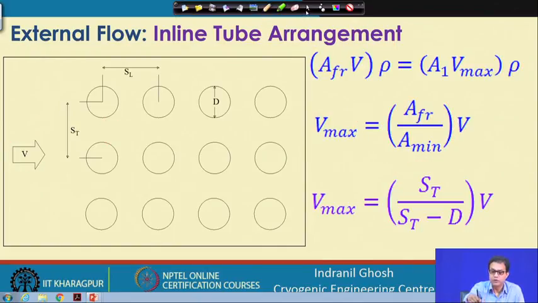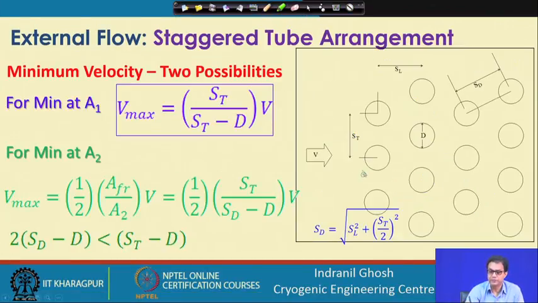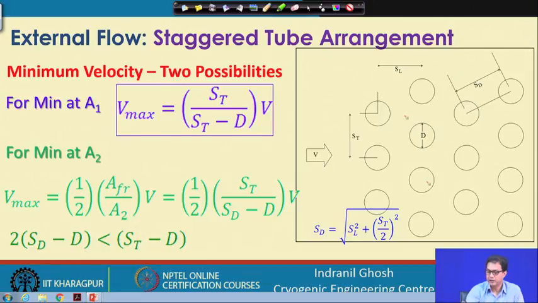Now, if we look into the other possible arrangement, that is the staggered condition, we have seen that the tubes are in this staggered arrangement, and if we connect the centers, they form a kind of triangle.